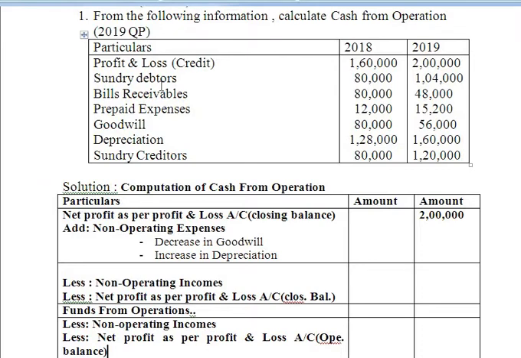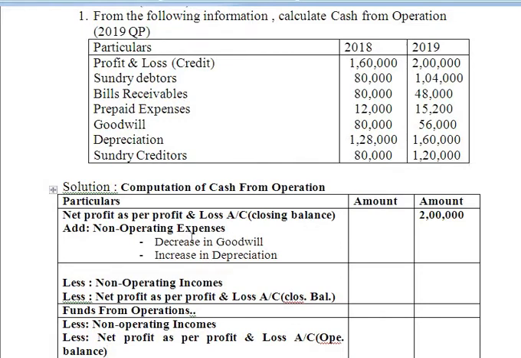Sundry debtors is a current asset, bills receivables is a current asset, prepaid expenses is a current asset. Now the next one is goodwill. Goodwill is an intangible asset, but there is a decrease in the amount of goodwill. Goodwill amount is decreased from 80,000 to 56,000, which means writing off of goodwill, that is written off of fictitious assets.